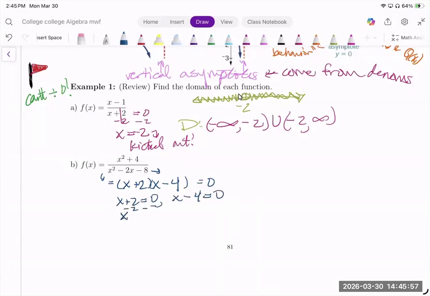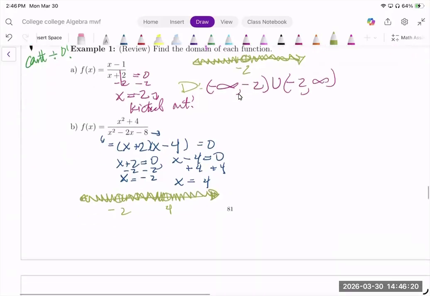Subtract 2, so x equals -2, add 4, x is equal to 4. So now there's two numbers that we are kicking out. So here's -2, here's 4, open circle, and then everywhere else on that number line is filled in because we exist in all places except these two.